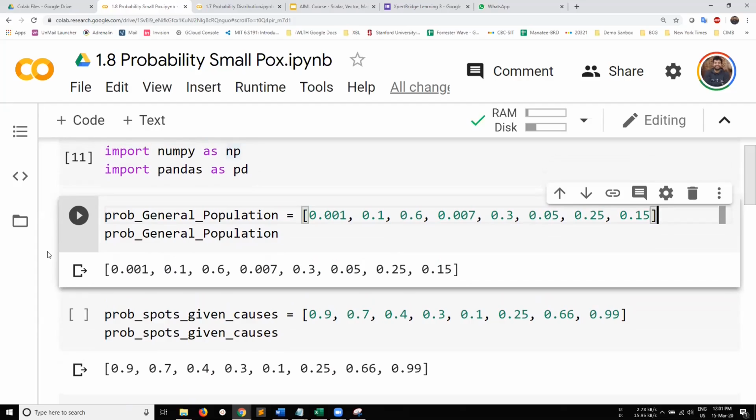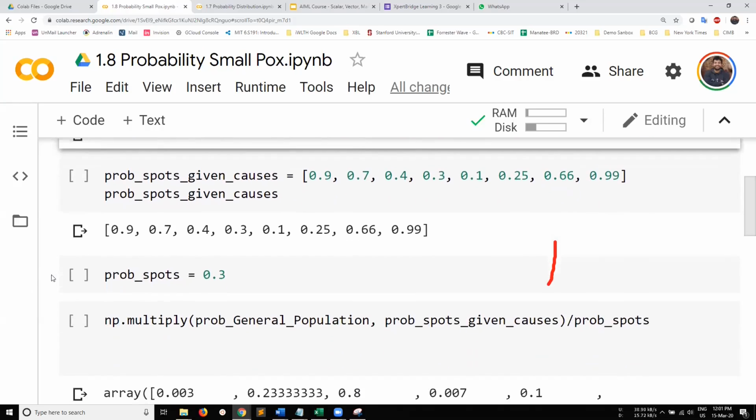Unlike some languages like Java, where we have to very strongly typecast the variable and define whether this is an integer or a double or a vector or an array, Python is much simpler. We don't have to do that. The system itself is intelligent enough to understand the type of the variable. So we have defined an array which has the probability of that particular thing happening in the population.